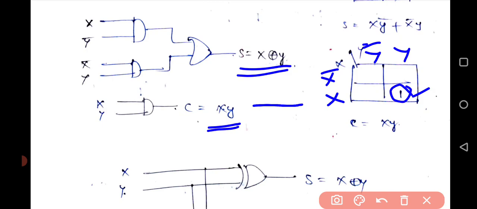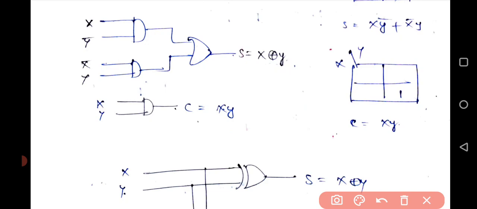So how can you form this XOR gate operation? It can be formed with the help of AND gates and OR gates. This is the combination for the sum. The first combination is x into y bar, so x and y bar are the inputs given to one AND gate.